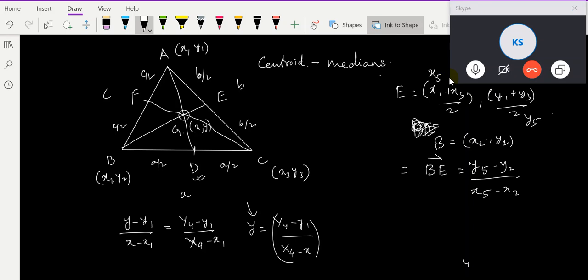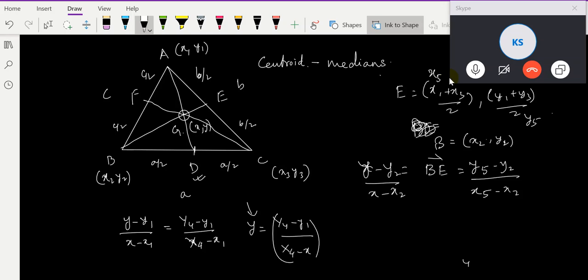And that would be equal to y minus y2 by x minus x2. Correct? Yes, sir. Kushal, are you able to follow this? Yes.